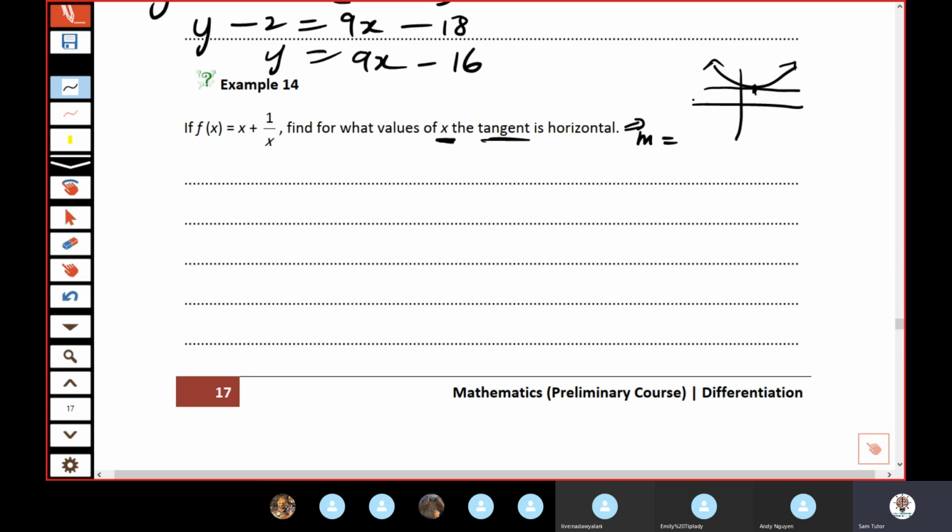Well, if something's horizontal, it has no gradient, so the gradient is 0, right? It's not sloped up or anything. So if the tangent is horizontal, you know that the gradient of your tangent is just going to equal 0.